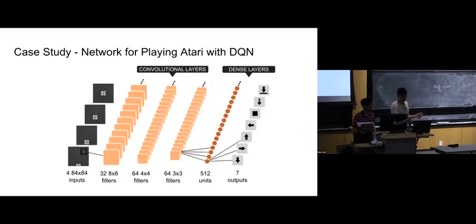And then we can look at how this is used in deep reinforcement learning. So this is the Atari with DQN network. It learns different types of Atari games and how to beat them.